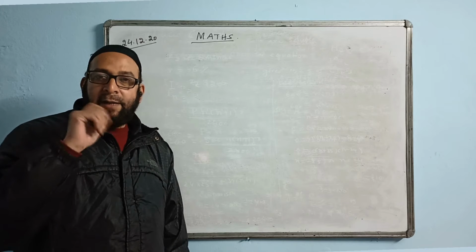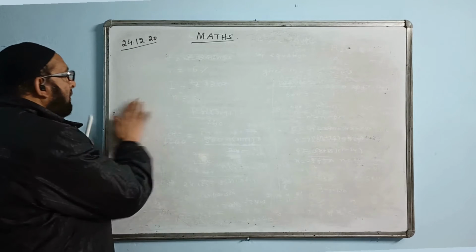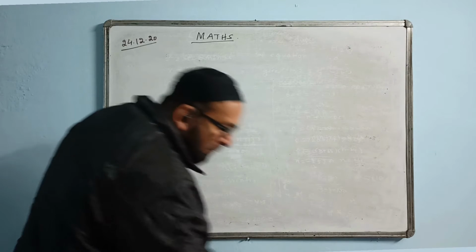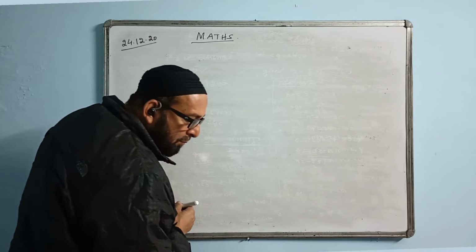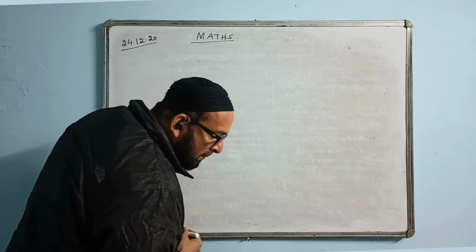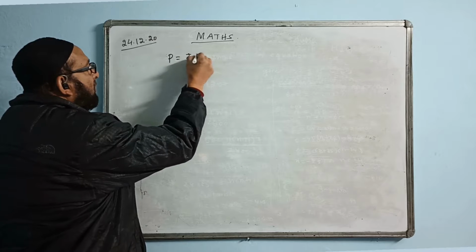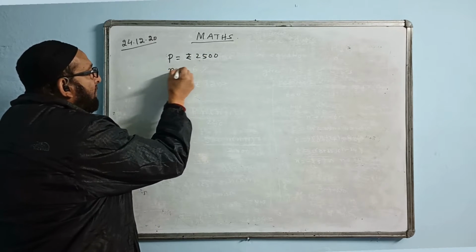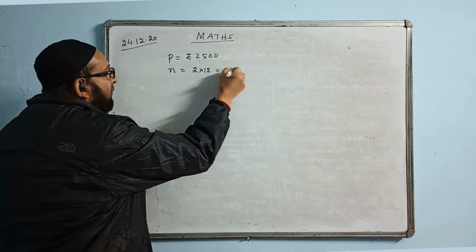Again, we will be writing down the information whatever has been given. For this question, monthly deposit is 2500. Let us write the P value. P value is rupees 2500, the monthly deposit. Time given 2 years, that is 2 into 12, 24 months.